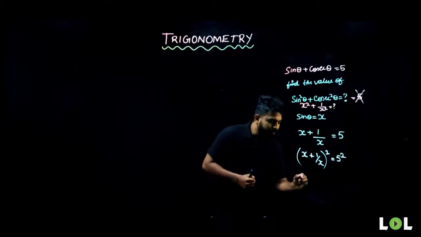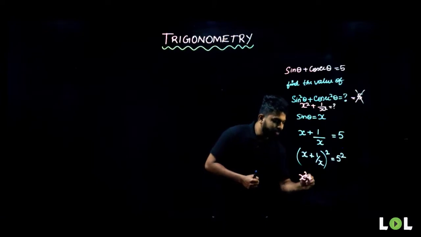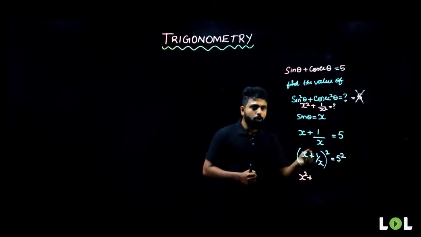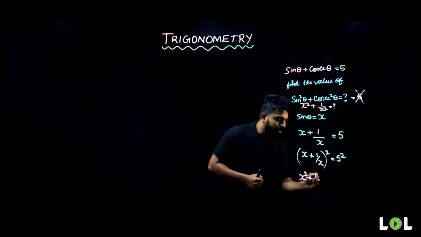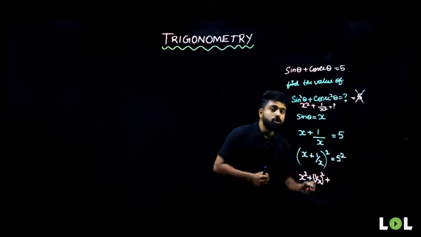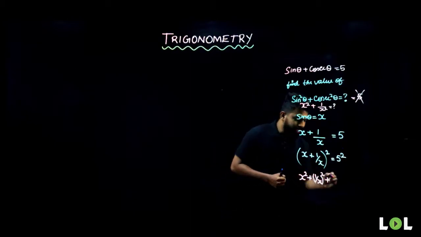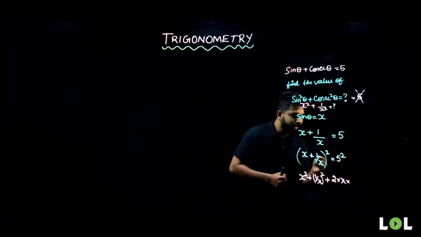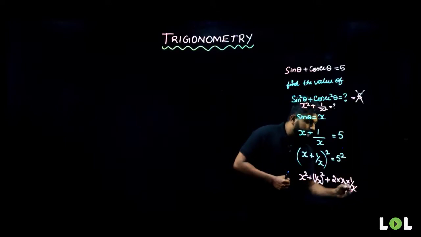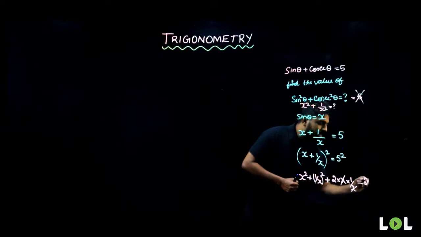It is of the form (a plus b) the whole square, that will be a square plus b square plus 2ab. That is x square plus (1 by x) the whole square plus 2 into a times b, where a is x and b is 1 by x. X and 1 by x get cancelled, and that will be equal to 5 square, that is 25.